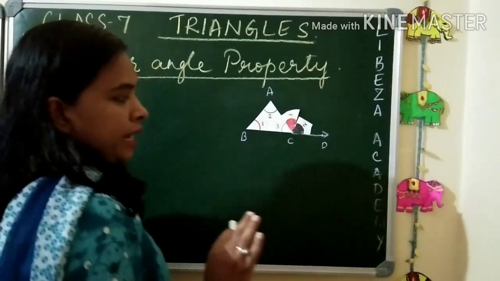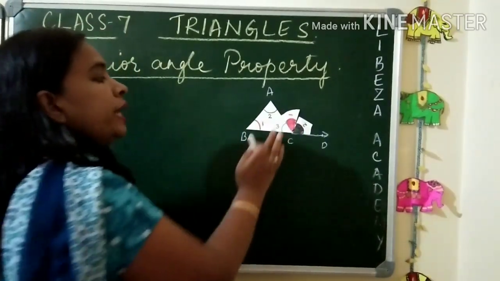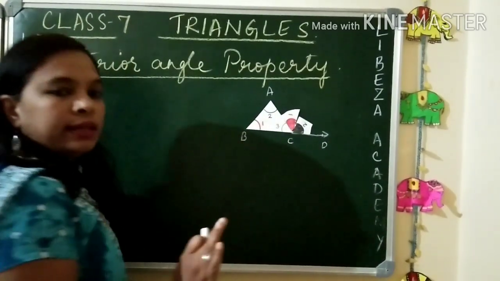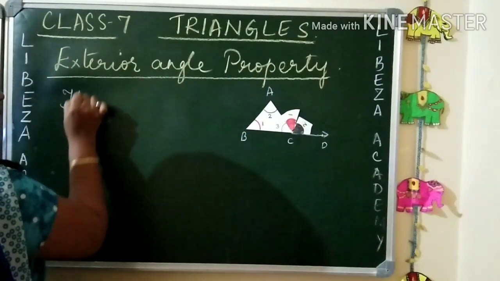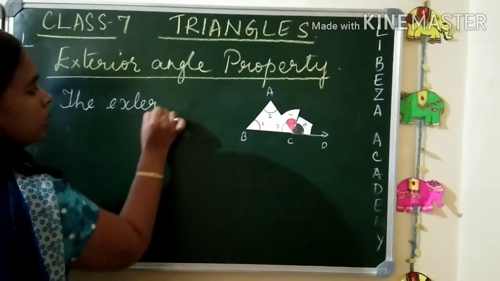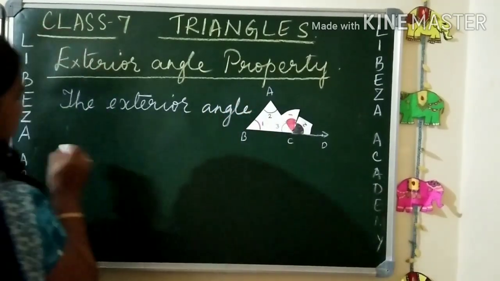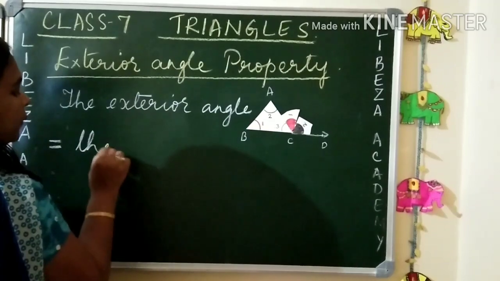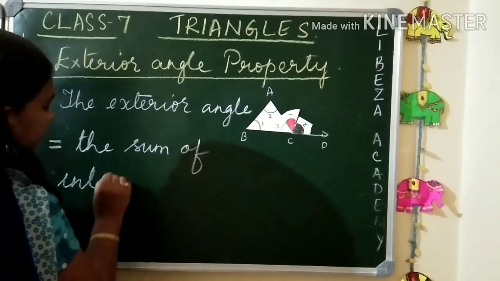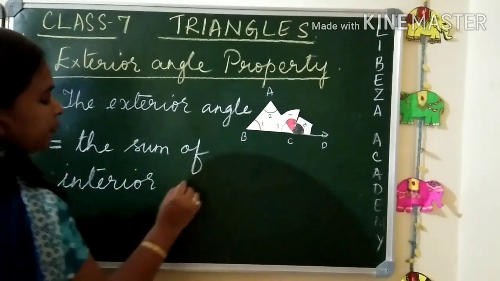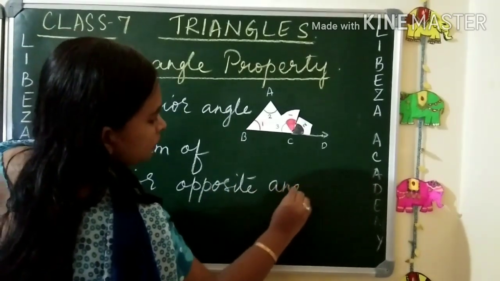The exterior angle property states that the exterior angle is equal to the sum of the interior opposite angles.